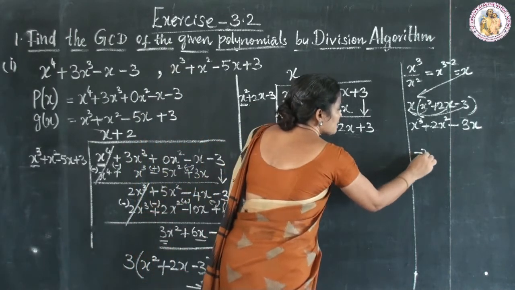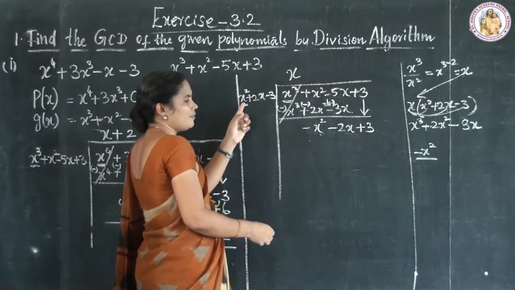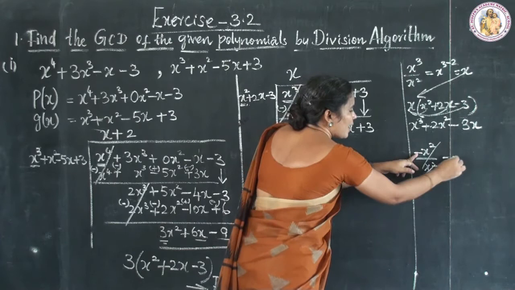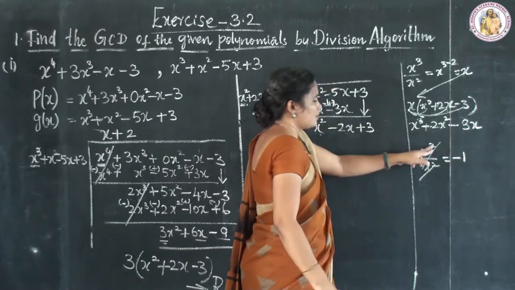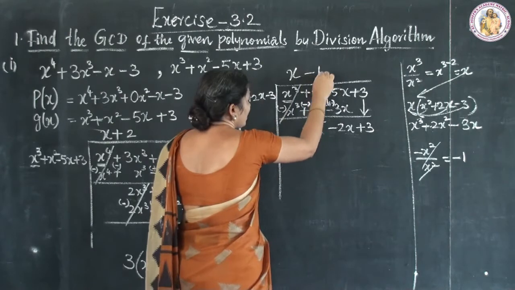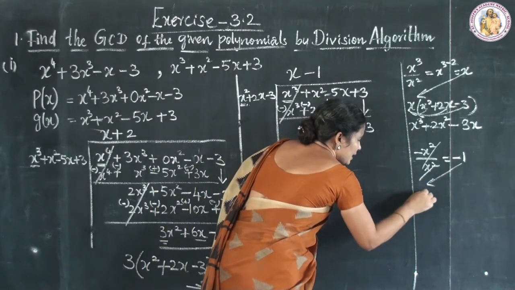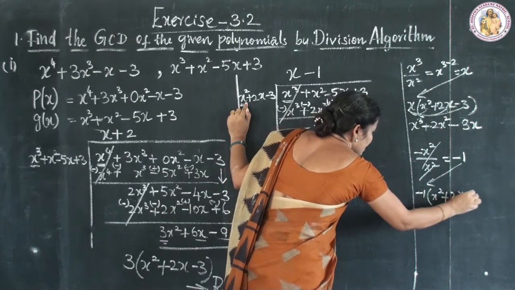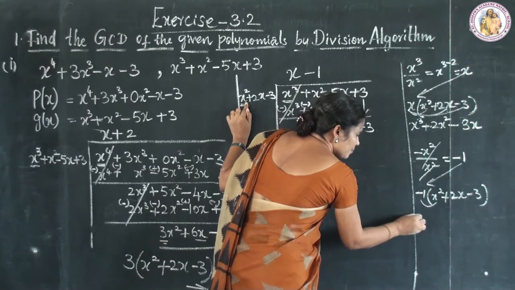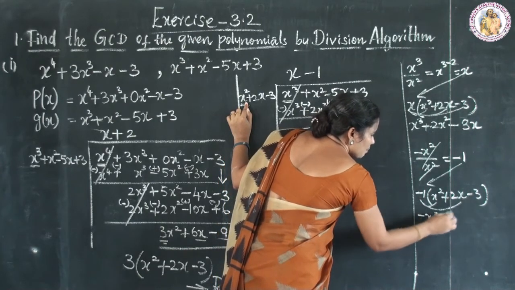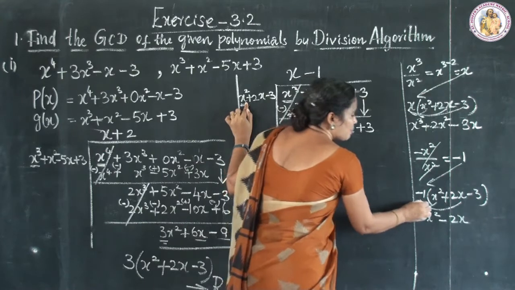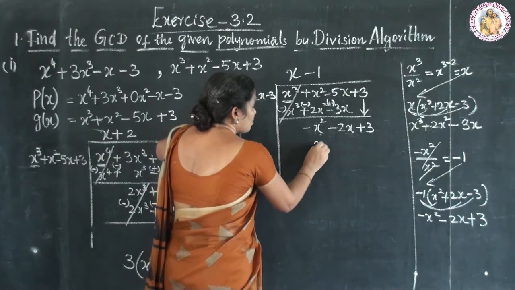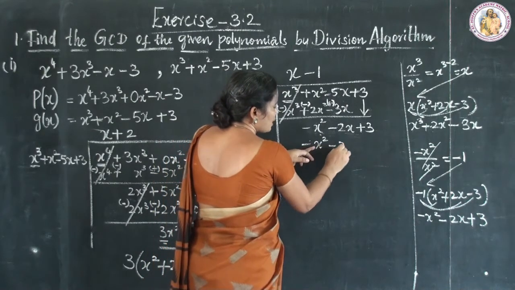Take the first term, that is minus x square. Here we have x square. So x square cancels. Here we have minus, so minus 1. Now write minus 1. Minus 1 is multiplied with x square plus 2x minus 3. So minus x square minus 2x, and minus into minus is plus 3.